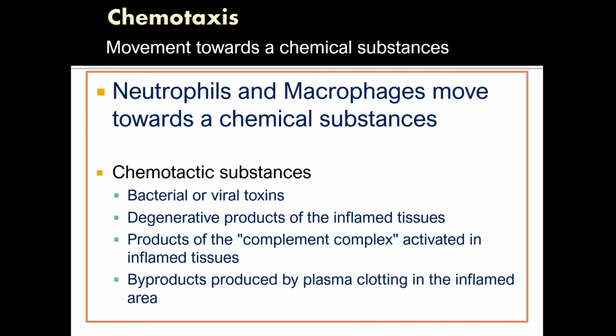Whenever there is inflammation, the complement complex is formed, and this serves as a chemotactic substance. As well as the byproducts produced by plasma clotting in the inflamed area. Whenever there is inflammation, there is plasma clotting outside the cell, so the byproducts of this also serve as chemotactic substances for the defense cells.